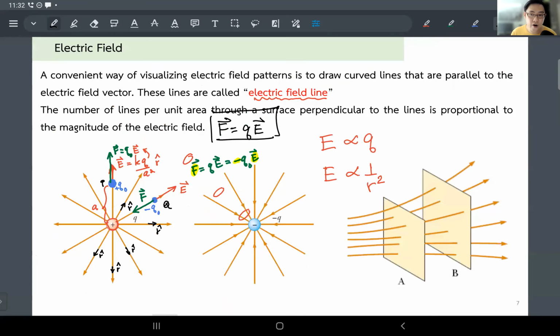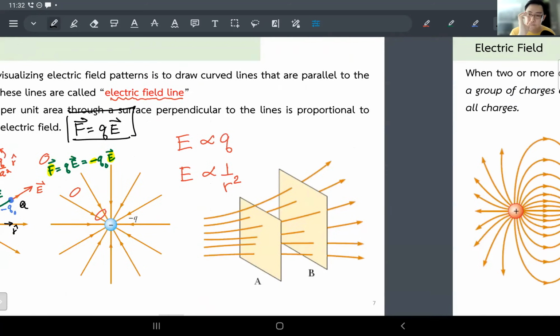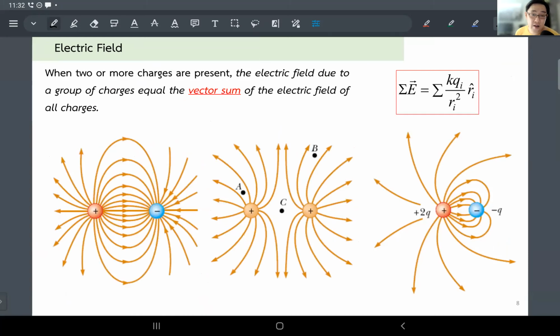Okay, any questions so far? All right, but the business is going to get complicated because of the vector nature of these fields and forces. So what if you have more than one charge? I mean, more than two charges, in the sense that if you have fields generated from a system of charges, what is going to happen there?